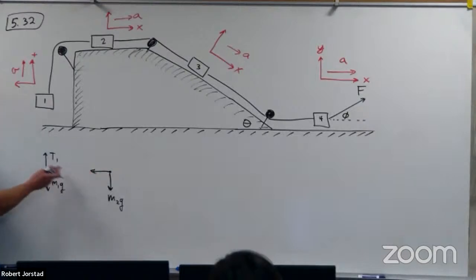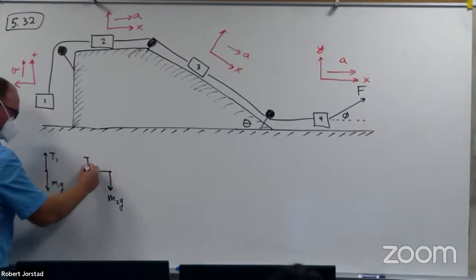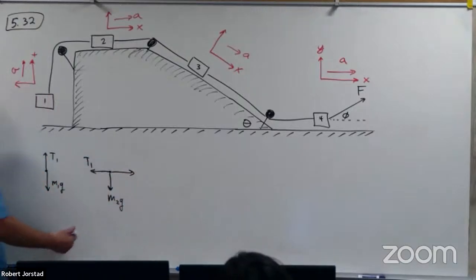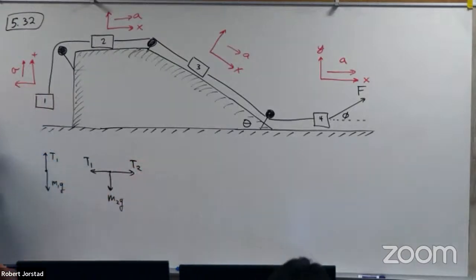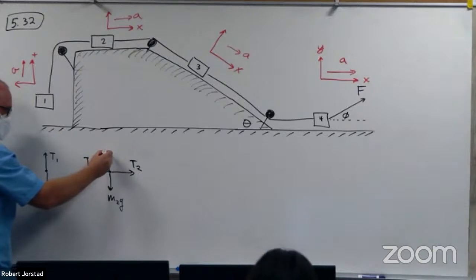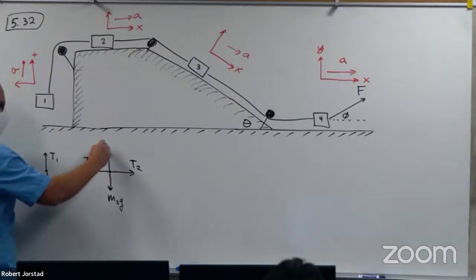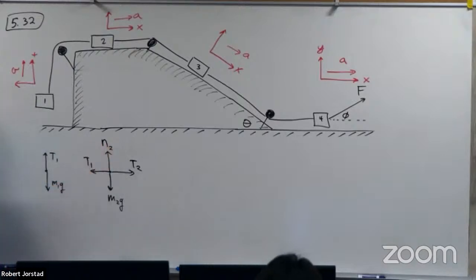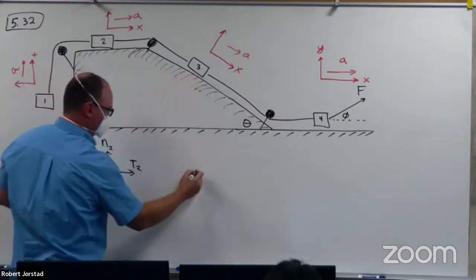Which tension is that going to be, the same as this one or a different one? Same. So let's call that T1. What's pulling this way then? Same string or different string? Let's call it T2 because it's a different string. What's keeping it from falling down into the molten lava of the earth? Normal. What would I call that? Normal 2. Yep. Now let's get over here to 3.